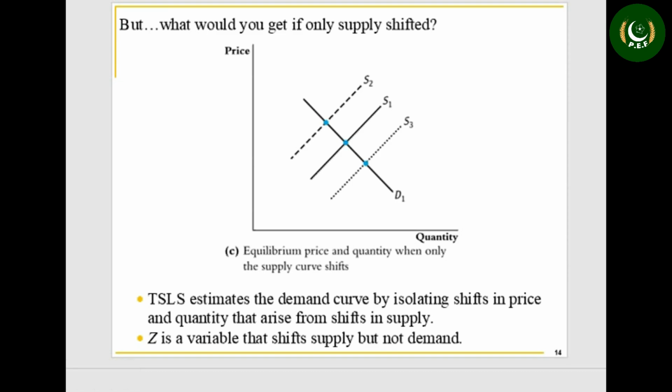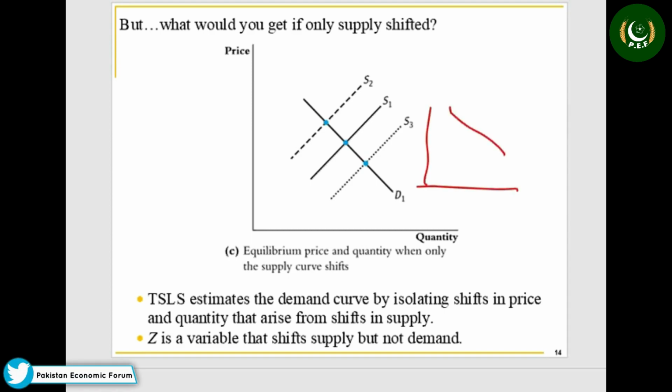In general, tomato and onion demand in Pakistan, Bangladesh, India remains more or less the same, but supply is linked with the weather and season as well. So if a variable helps to shift supply but not demand, what will be the case? You see these blue points, that will be a demand equation. These 3 points will be a demand equation.